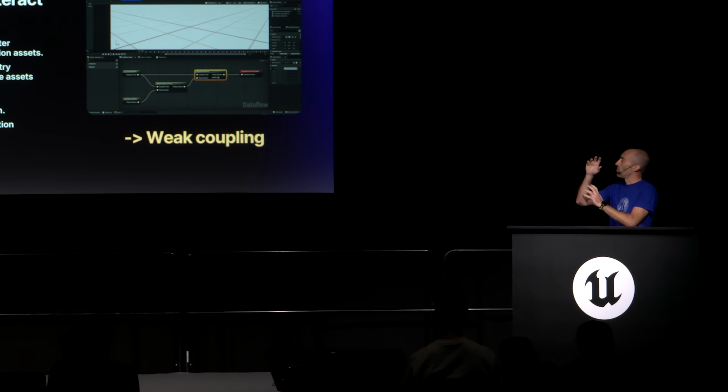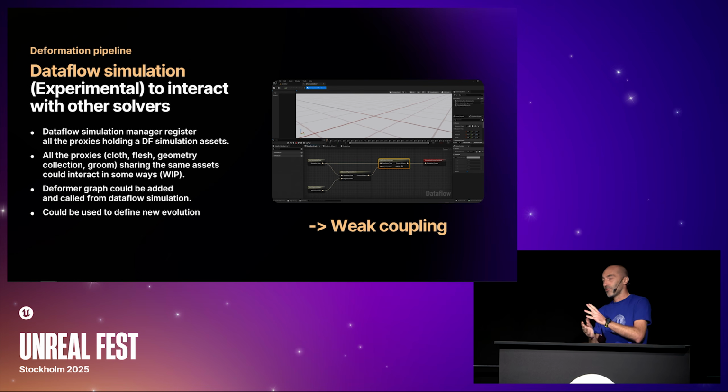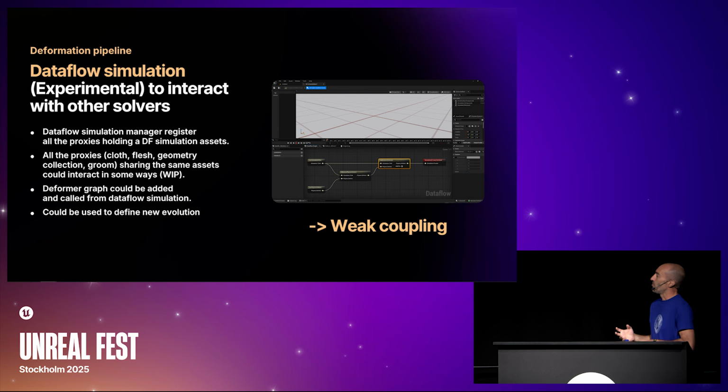And I'm going to take other proxies which are the Groom ones. And I'm going to enqueue, for example, here, a deformer graph. And I'm going to pass some data to the deformer graph. So it's a central place where you can launch a lot of solvers, and now it has been extended to launch deformer graphs as well. So it's really, really handy.